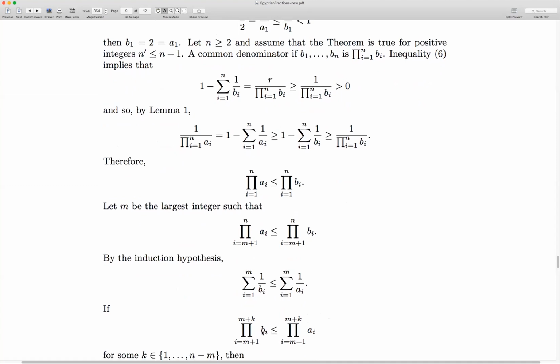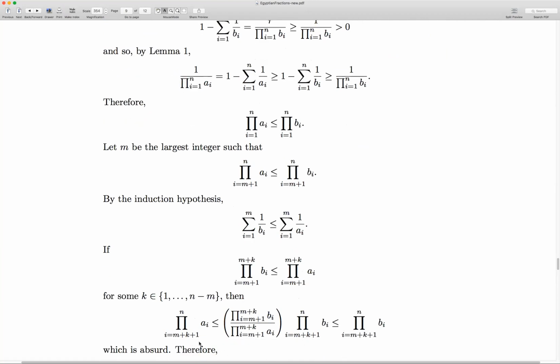Now, if in fact you had an inequality from m plus 1 up to some m plus k, where k is between 1 and n minus m, then, this is all just preschool math, if you like. The product of the A's from k plus 1 up to n is less than the product of all the B's, that's this times this, divided by the product of the A's from m plus 1 to m plus k.